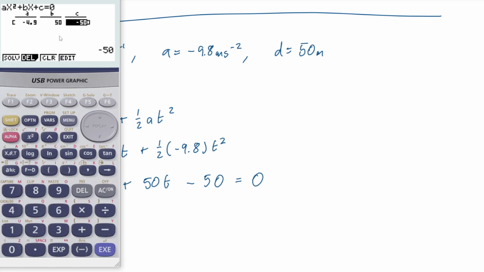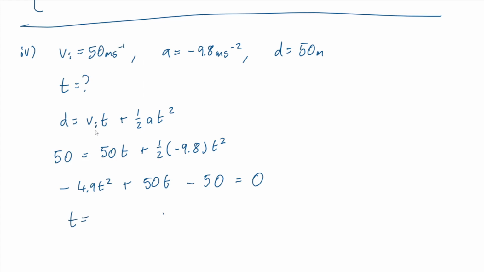Alright, so we have our coefficients, we then hit solve, and you'll see our calculator gives us two answers. So to 1 sig fig, that's 1 second or 9 seconds. T equals 1 second or T equals 9 seconds.